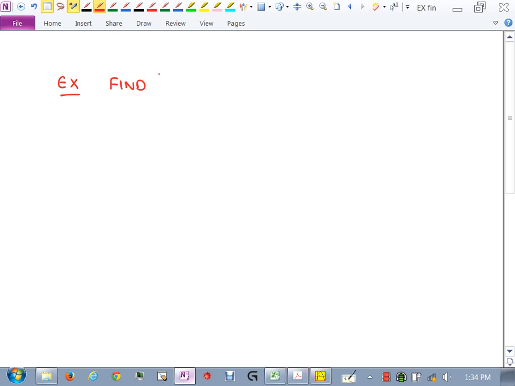Find y prime if x to the y equals y to the x. All right, so now I need to remind you of when we first started implicit differentiation.